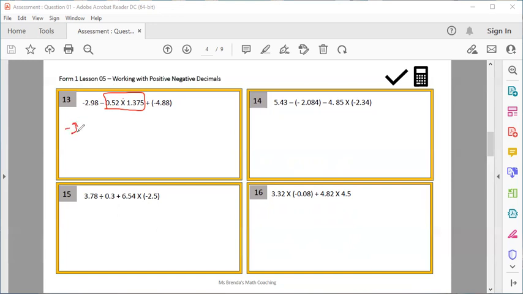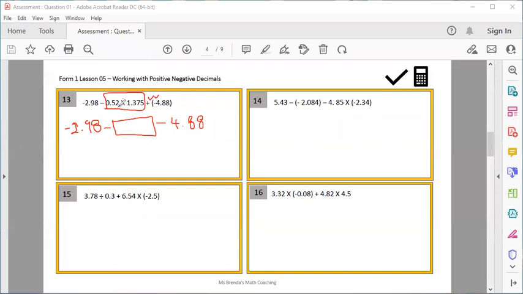Copy negative 2.98 minus, what is your answer from the calculator? And then positive and negative will become negative 4.88. You must write it out. When I say use calculator, it doesn't mean use calculator completely. It means that write out your number sentence again. So now you can tell me what goes inside the box, guys.